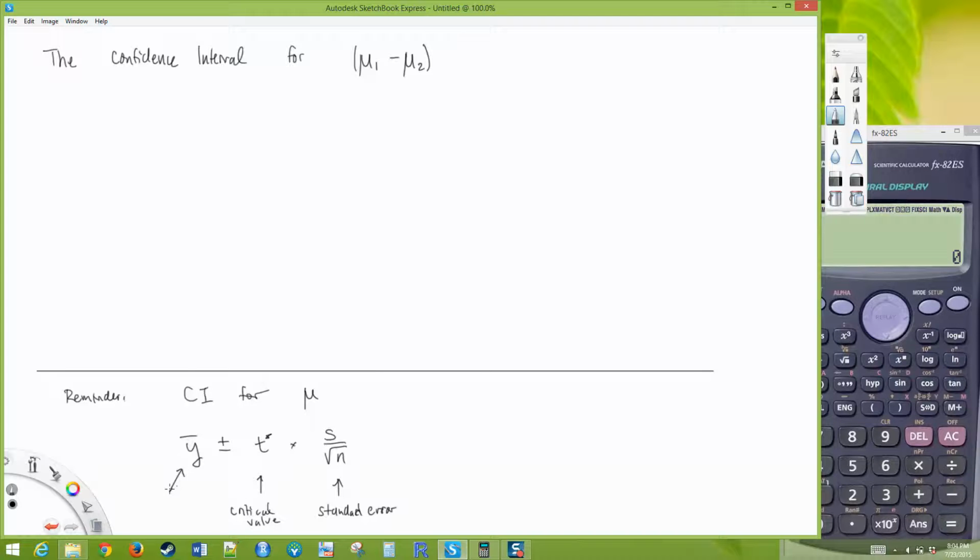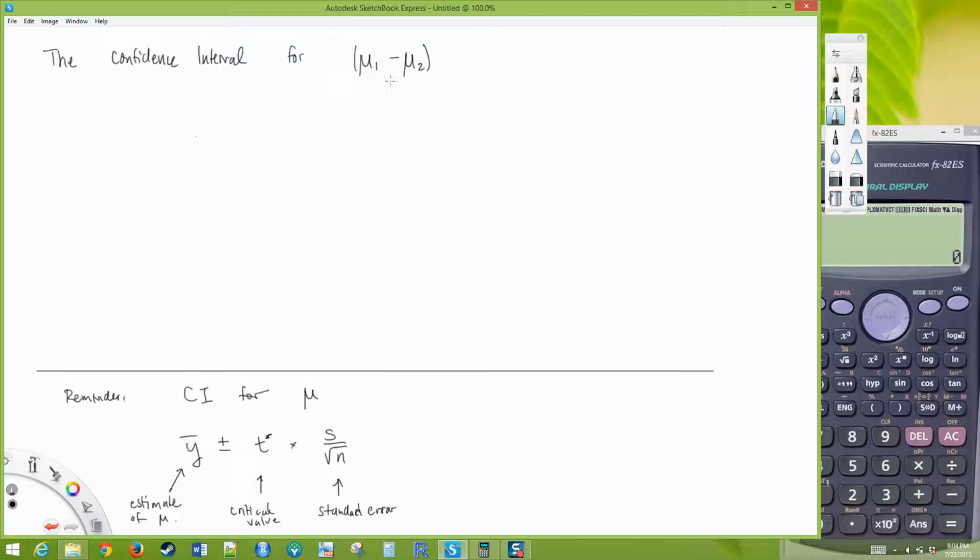And right here, this is our estimate of mu. All confidence intervals parallel this idea. So what do you think goes right in the middle?